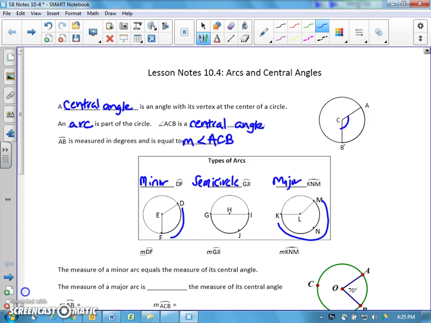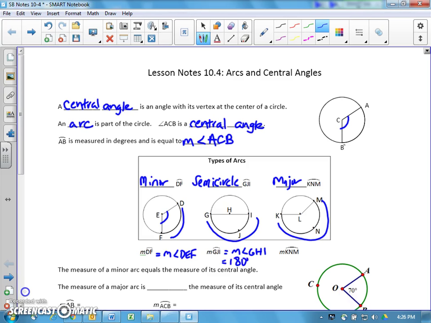So when we talk about the measure of arc DF, since this angle right here is a central angle, this would be equal to the measure of angle DEF. For arc GJI, that would be the same as the measure of angle GHI, which we happen to know is 180 degrees.